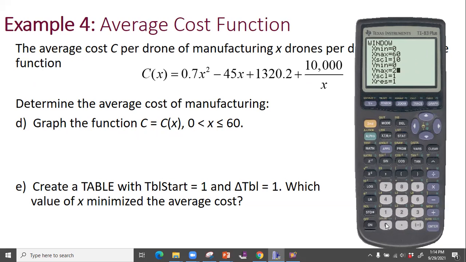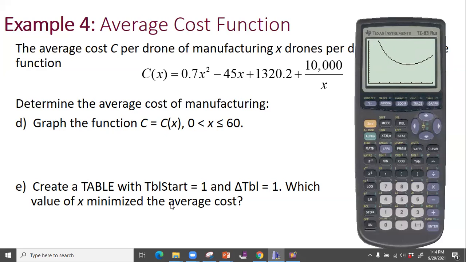So let's say 0 to 2000. And we'll count by 100. Let's see what that looks like. Oh, I see some action. See what's taking place here. So now I can see what's happening with this graph. And I can describe what happens to the graph. The graph decreases and then it starts to increase. Do we see the change?